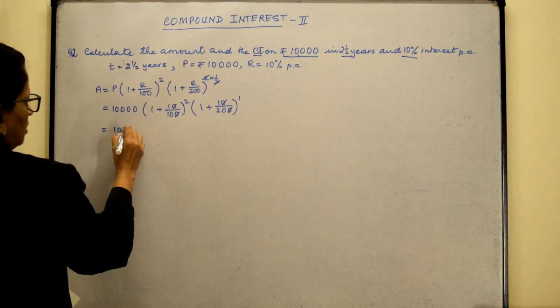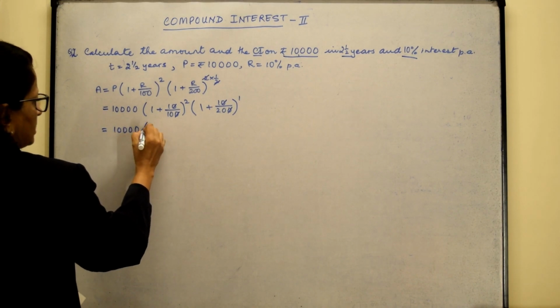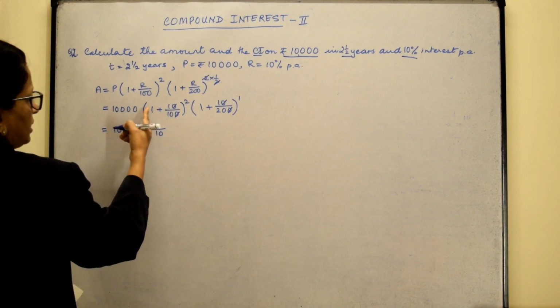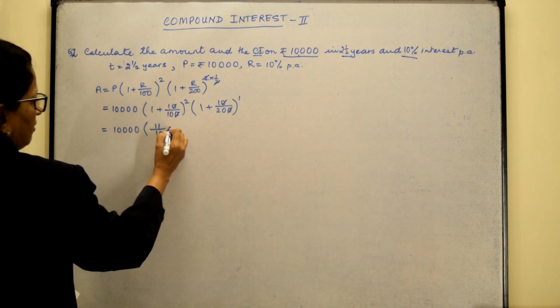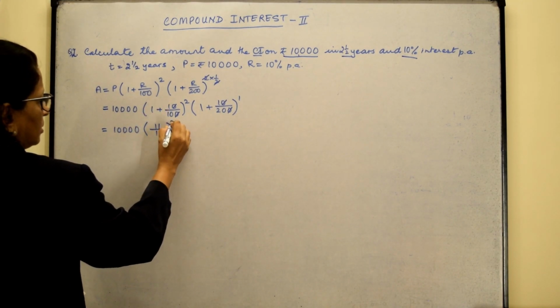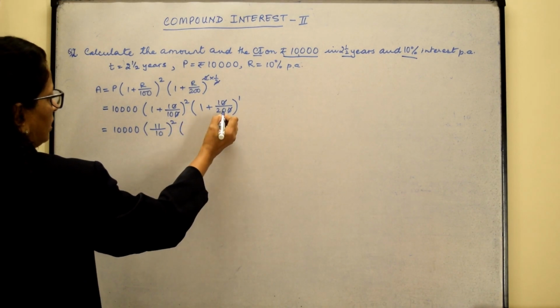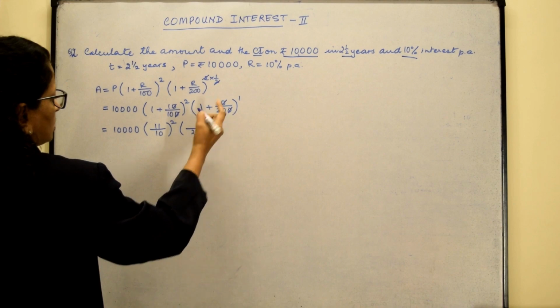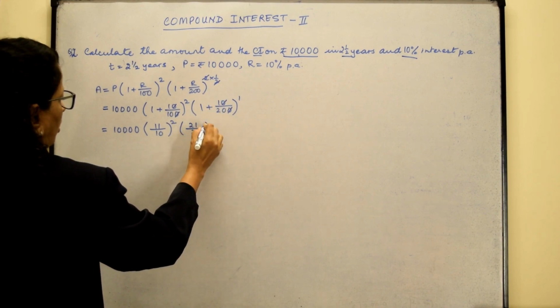And now in the third step we have 10,000 as it is. Here we will take LCM and then 10 plus 1, so that is 11 upon 10 square, and here it will be LCM 20. So 20 plus 1, that is 21 upon 20.